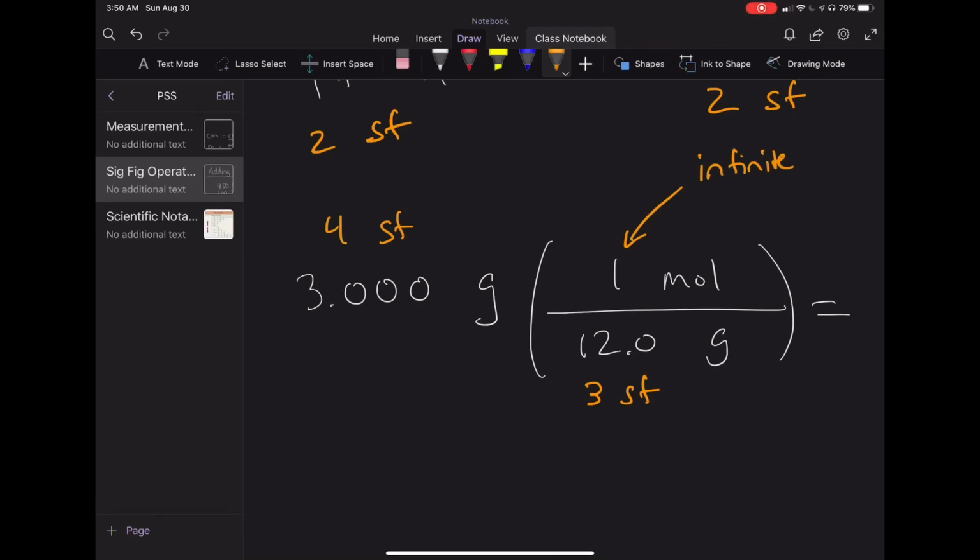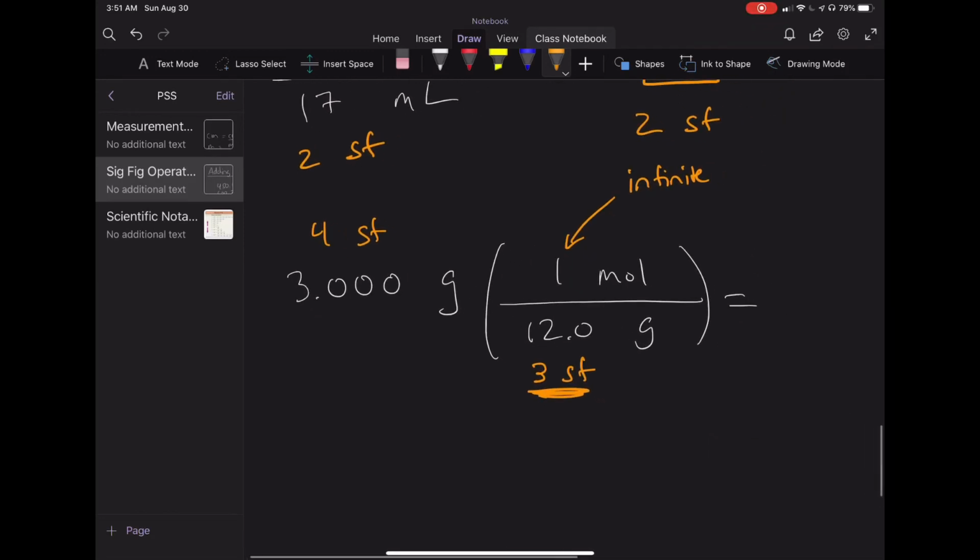It's part of the definition of a molar mass. So molar masses are always so many grams per 1 mole, exactly 1 mole. So we're not going to worry about the one part in terms of limiting our sig figs, just the 3.000 and the 12.0. So since this one had fewer sig figs, our final answer needs to have 3 sig figs. So 3.000 divided by 12.0.